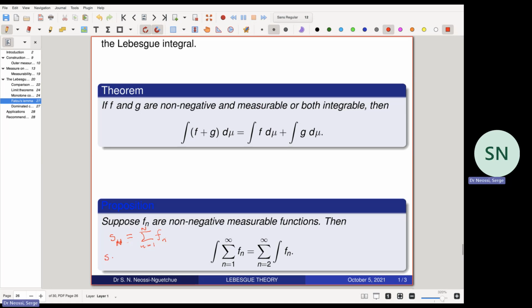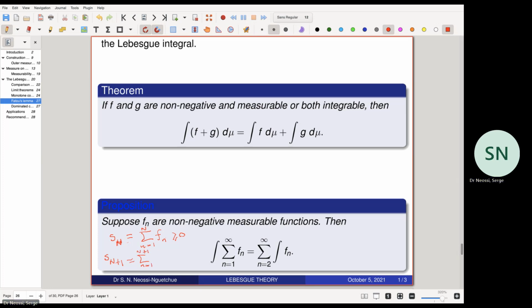If you write S sub N plus 1, it is the sum of fn with n running from 1 to capital N plus 1.